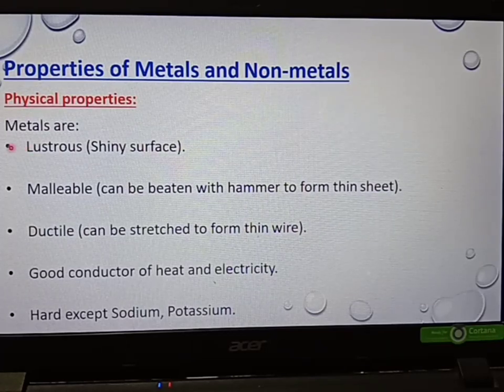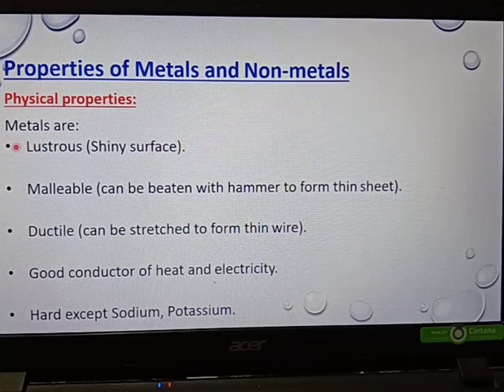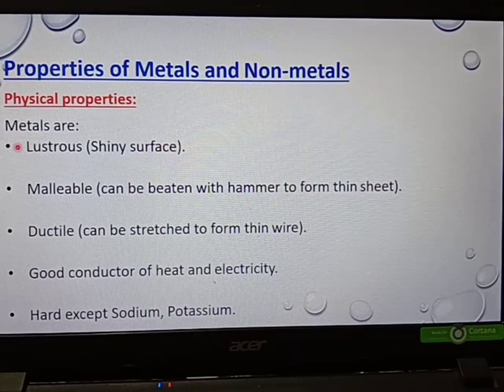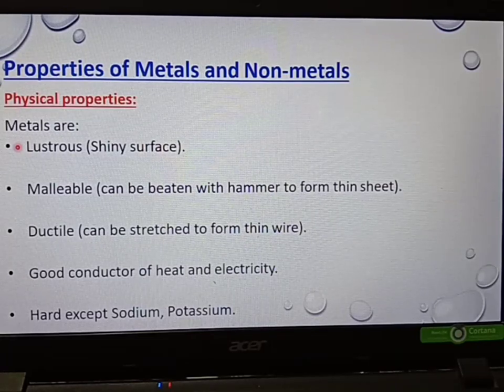You must have observed metals like gold, silver, copper. If you are seeing these metals in a pure form, they have the lustrous, shiny surface. The property of metal of having a shiny surface is called metallic luster.